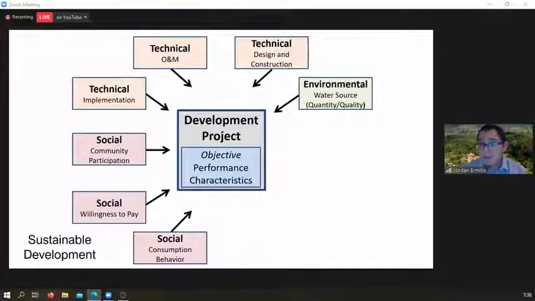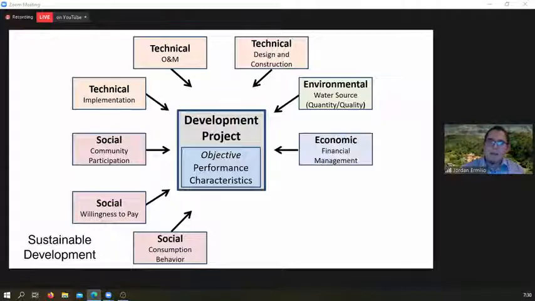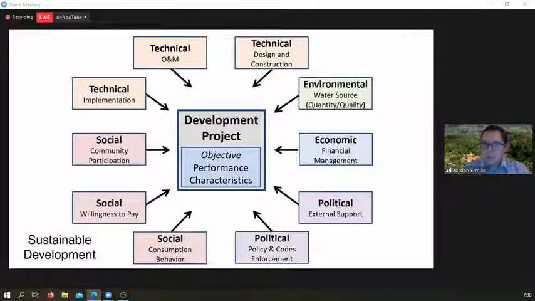The technical implementation of that project has to be considered. Long-term operation and maintenance needs, the initial design and construction and the quality of the initial construction all have to be considered within this framework of sustainable development. Furthermore, you have to consider the economic constraints, the financing for a project, the long-term operational costs, the initial capital costs.